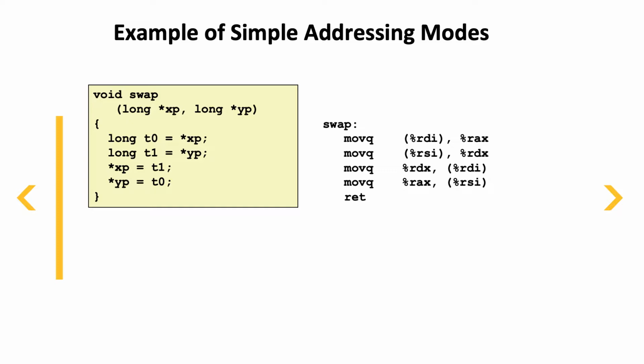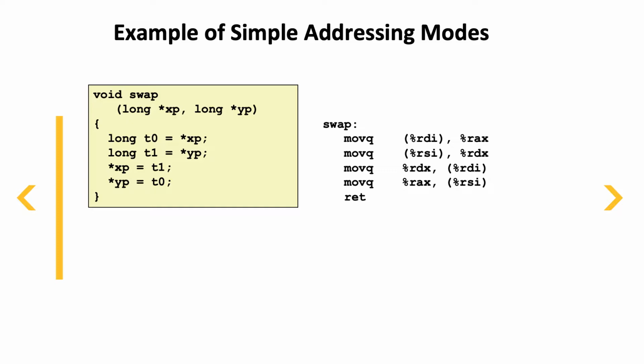Then I'll put T1 into the memory location specified by XP, and put T0 into the memory location specified by YP. I have now swapped those two values in memory. I've taken what lives at the address in XP and what lives at the address in YP, and I've just swapped them around. Nice and simple.